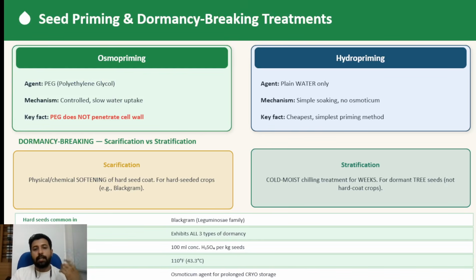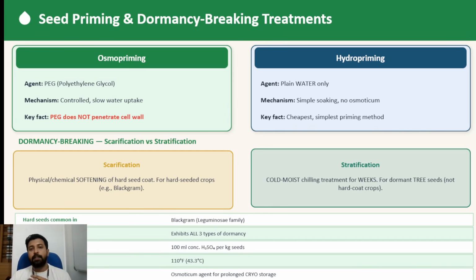Clear? Then coming to other areas, I won't say less important, but still important: seed priming and dormancy breaking treatments. Seed priming, I would say once more, is any method done to improve seed germination. You use many techniques to improve seed germination, and two terms I need to clarify are the difference between osmo priming and hydro priming.